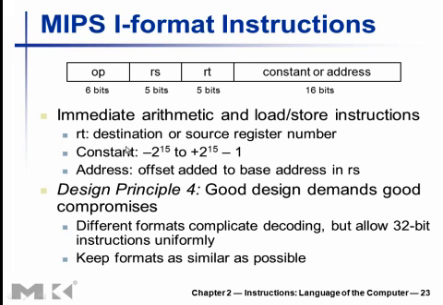The constant range will be negative 2 to the 15 to 2 to the 15 minus 1. For the address, sometimes we record the offset, which has to be added to the base address in RS.